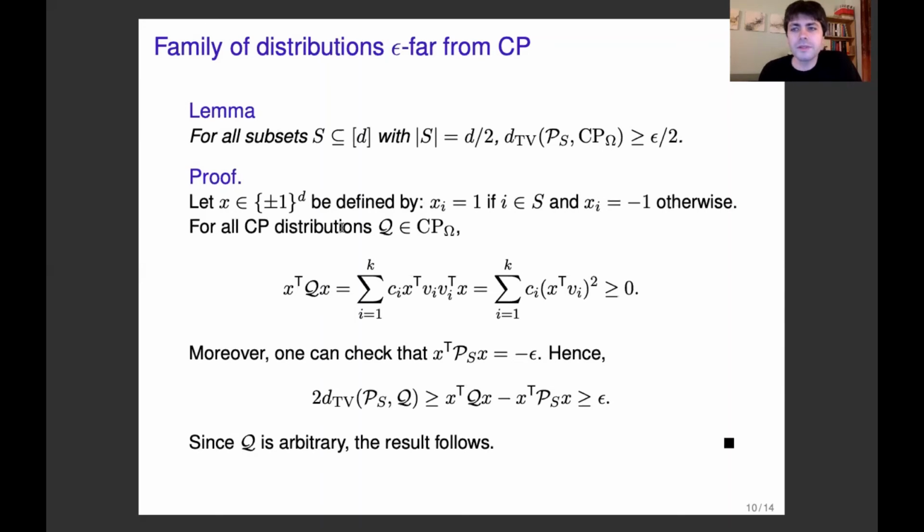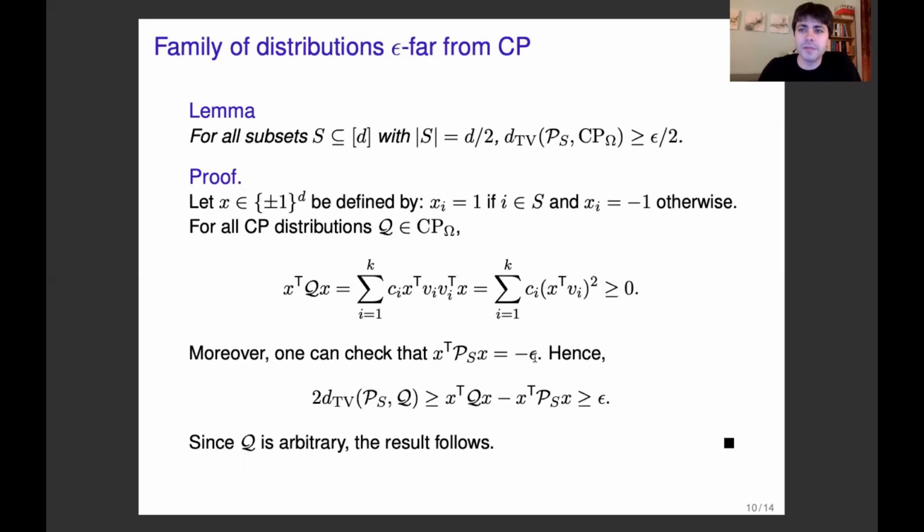Now, if Q is a completely positive distribution on Omega, then the quantity x transpose Q x will be a convex combination of non-negative numbers, which is going to be non-negative. Moreover, you can check that x transpose P_S x is equal to minus epsilon.